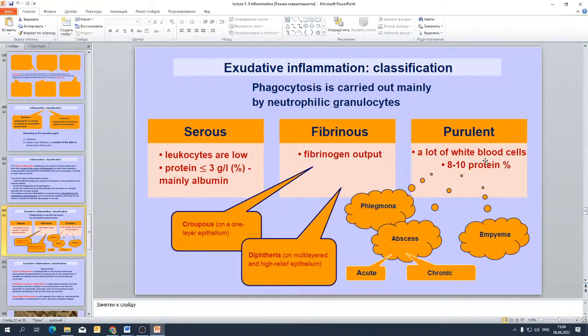If we discuss purulent inflammation, there are a lot of white blood cells, a lot of neutrophils, and more proteins, for example, 8 to 10 percent protein. We need differentiation between serous exudate and transudate. In transudate there is little protein, and the color is clear, while in serous exudate there is more protein.